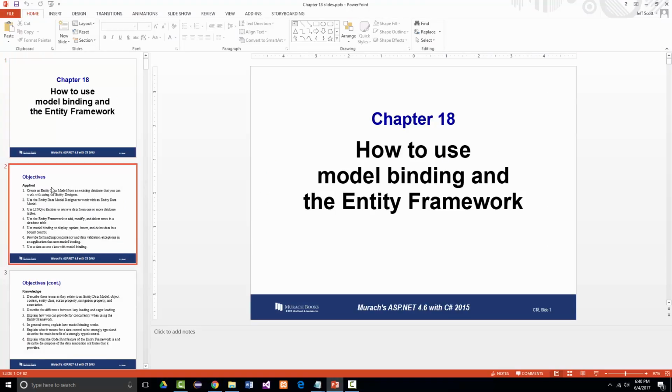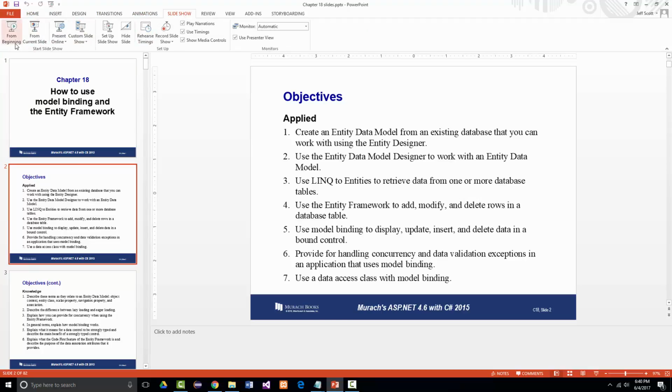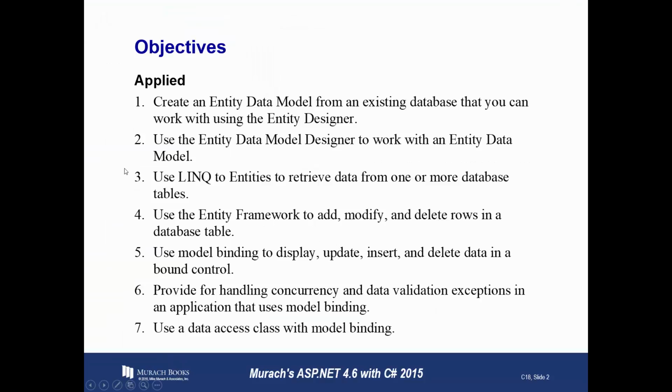The book says here, as far as our applied objectives go: Number 1, create an entity data model from an existing database you can work with using the entity designer. Number 2, use the entity data model designer to work with the entity data model. Number 3, use LINQ to Entities to retrieve data from one or more database tables.